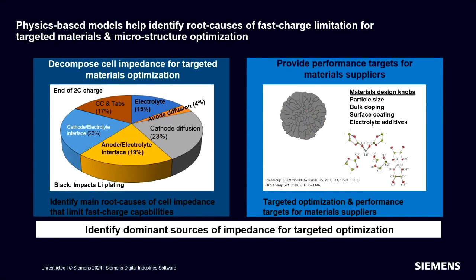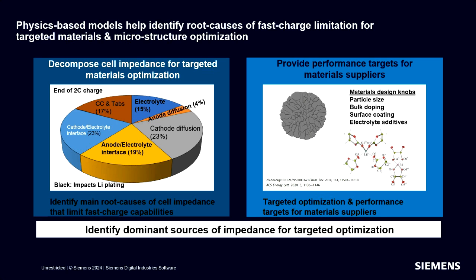Now, in cases where a cell designer would like to improve fast charge capabilities beyond cell design changes or thermal management strategy, one would have to revisit the materials and microstructure selection through collaboration with material suppliers, likely. But where do you start? Is the anode more at fault for insufficient fast charge capabilities, or the electrolyte, or the cathode?